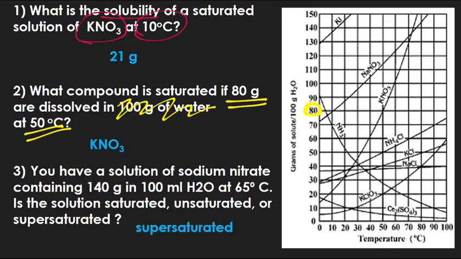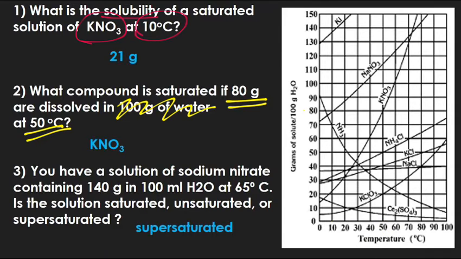All that matters is that I've got the same amount of water as my graph. So here I would just look at 80 on the y-axis, 50 on the x, and that lines up and hits our KNO3 line.